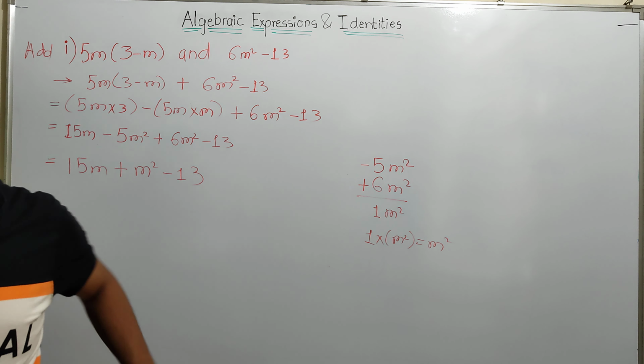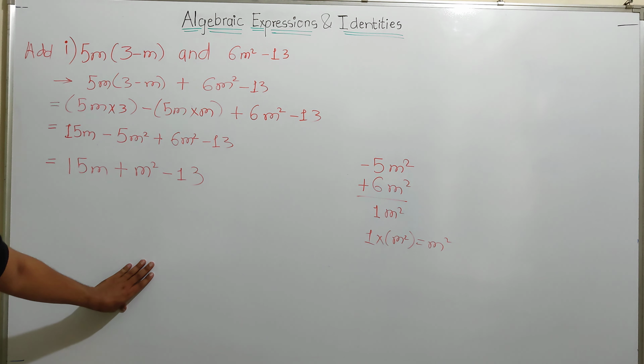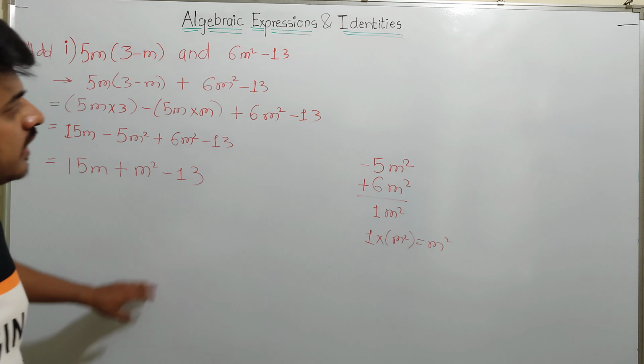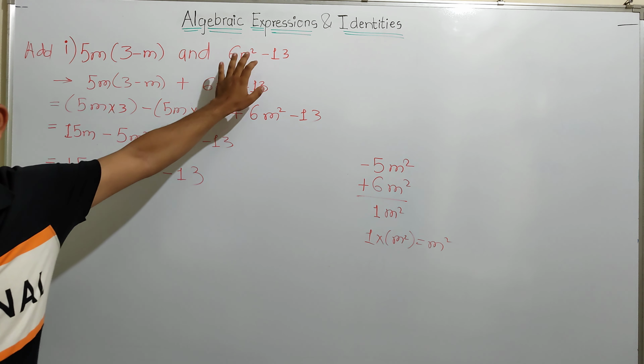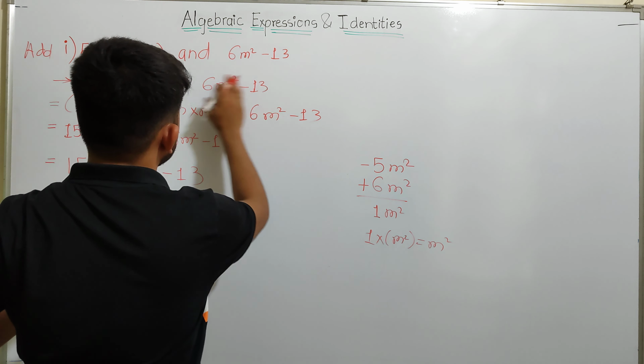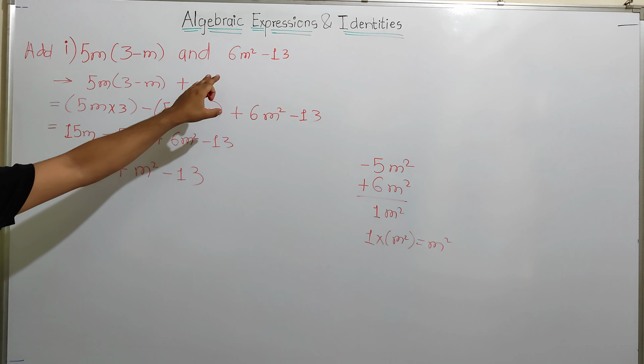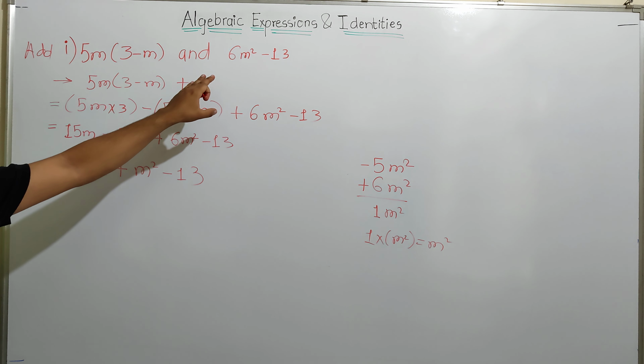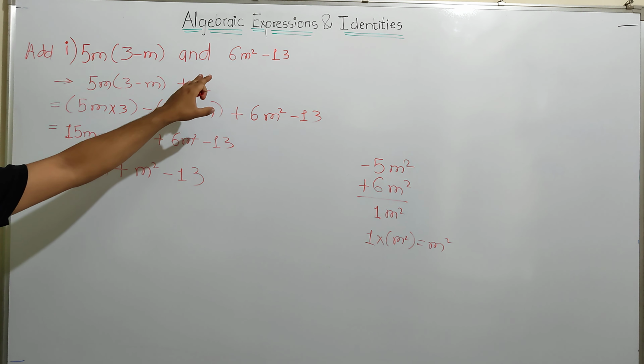So 15m, just wait, 13, sorry, if you simplify this, no, sorry, this is the correct way. I'm very sorry. This is the correct way.